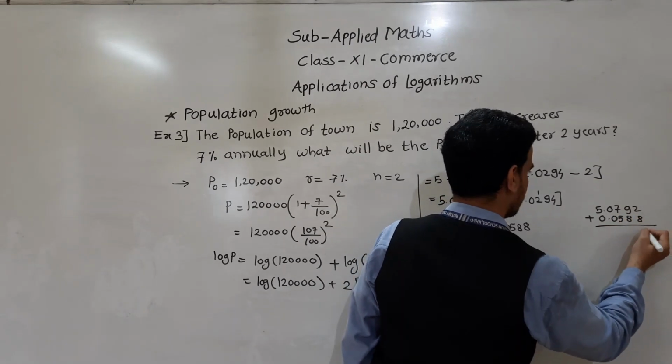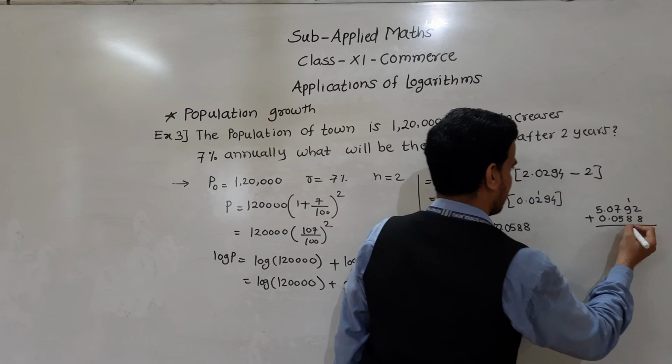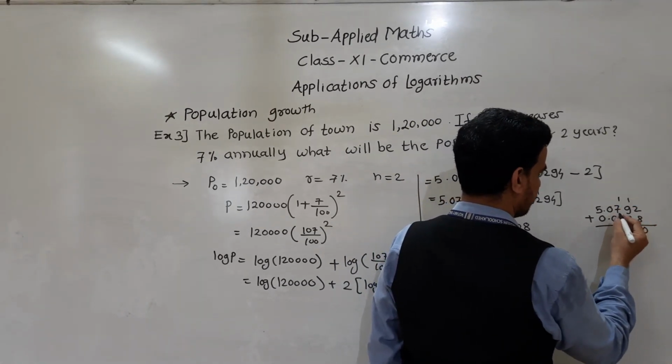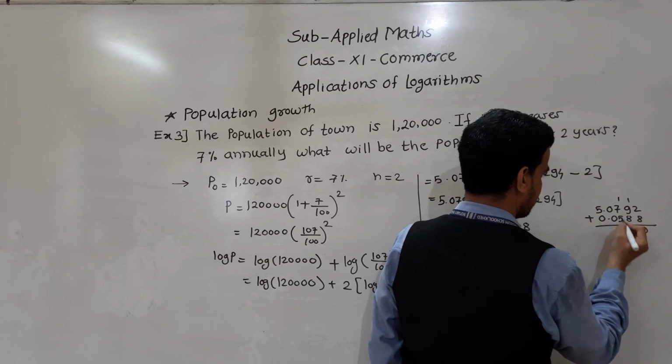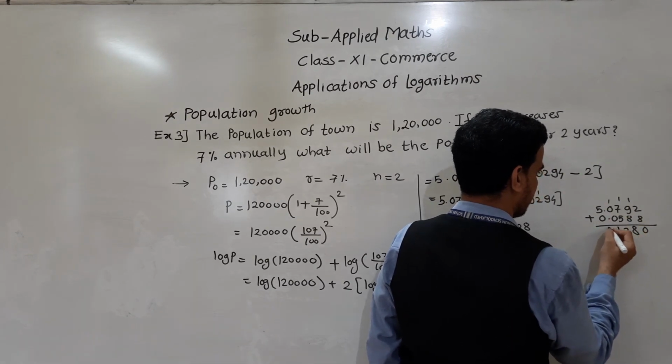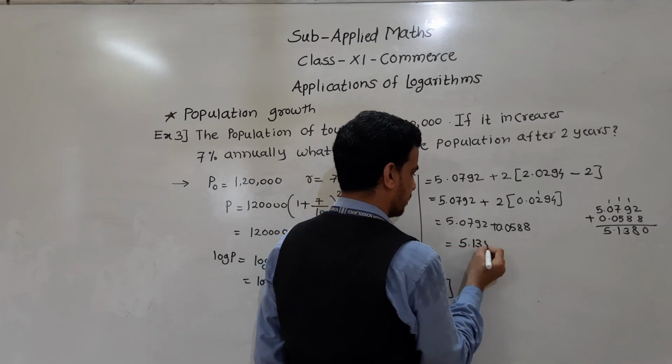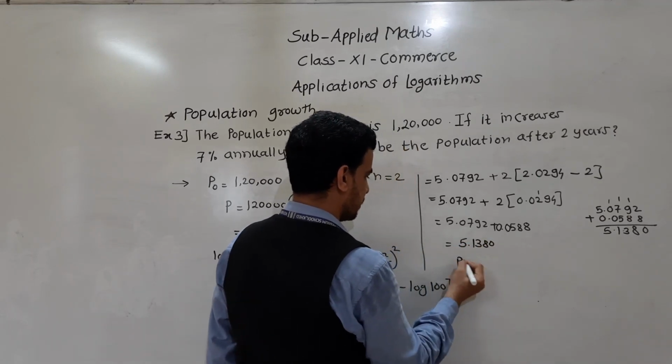So 8 plus 2 is 10, 9 plus 1 is 10 plus 8 is 18, 7 plus 1 is 8 plus 5 is 13, 1 and 5. So it is 5.1380.